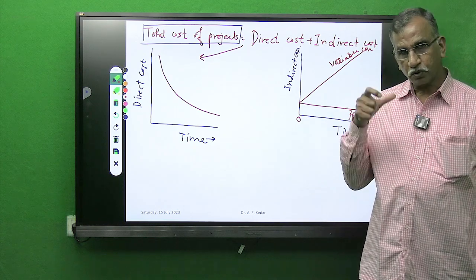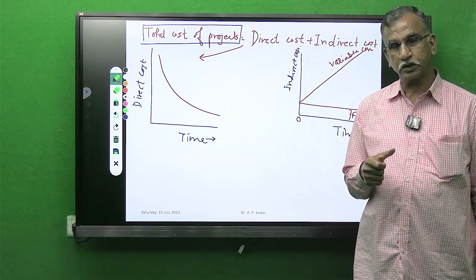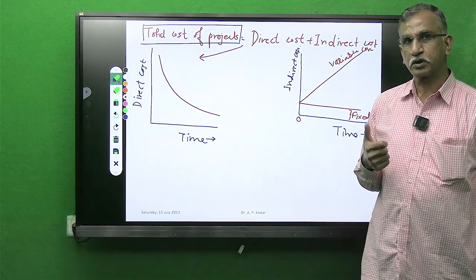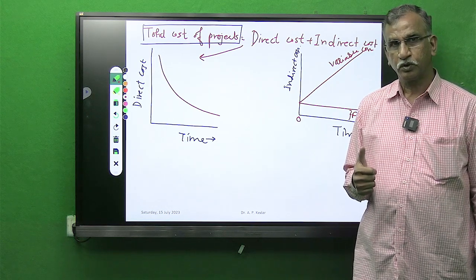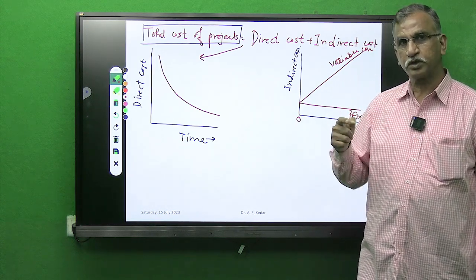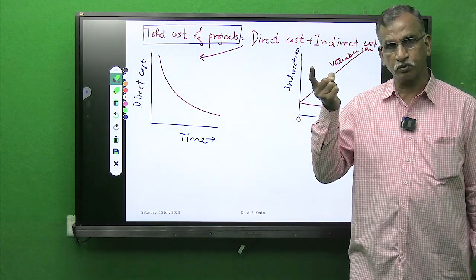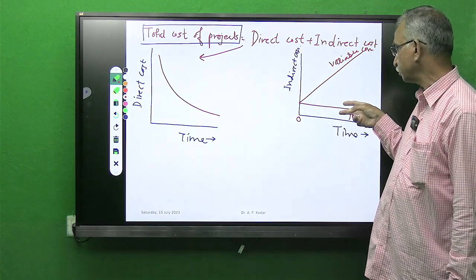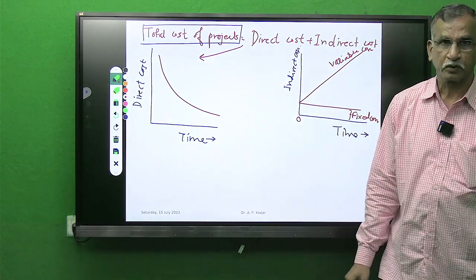But for production of those units in the industry, you need to have some resources with you which will always consume, whether you produce or you do not produce, some fixed amount.